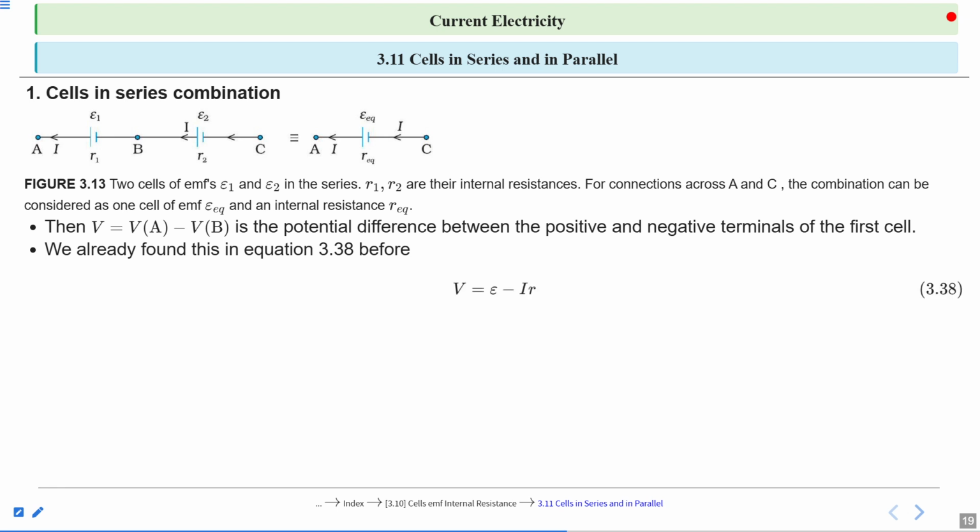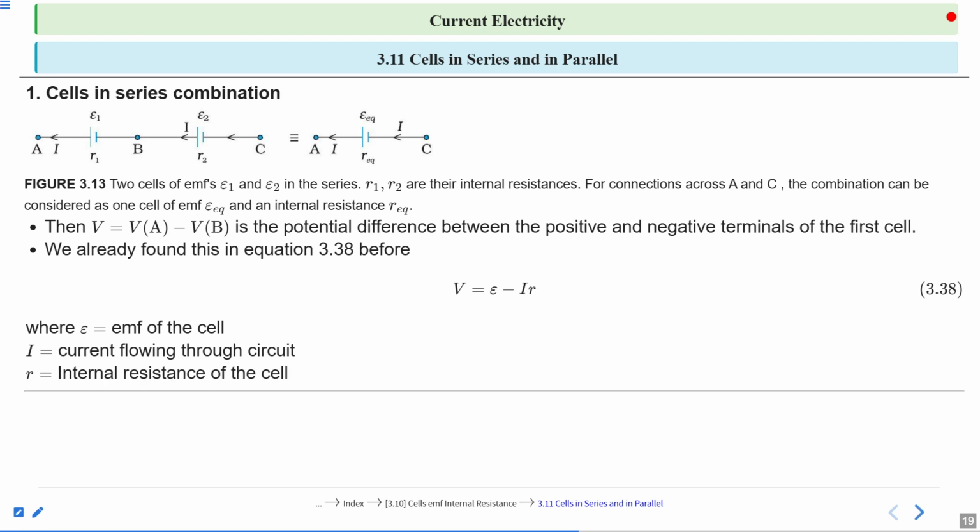So potential difference V is equal to epsilon minus Ir, where epsilon is the EMF of the cell, I is the current flowing through the circuit, and small r is the internal resistance of the cell.